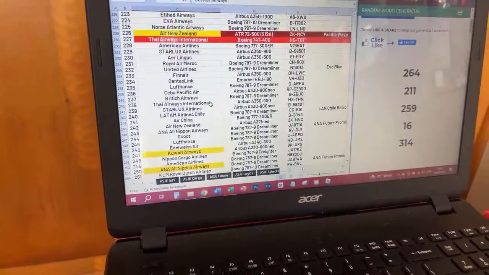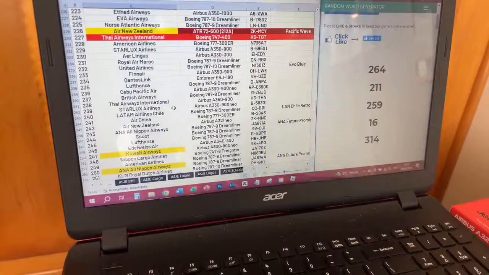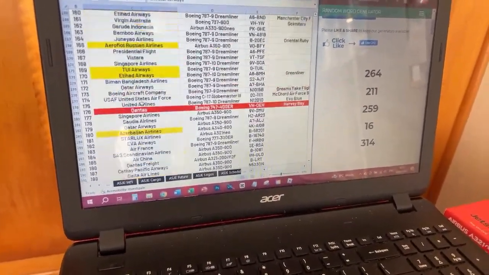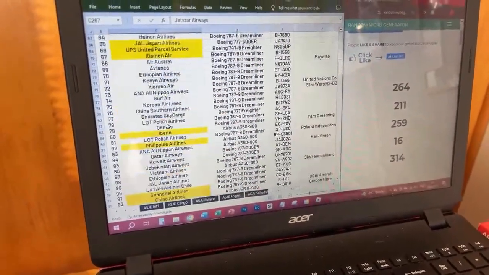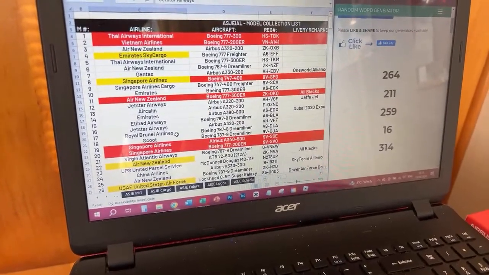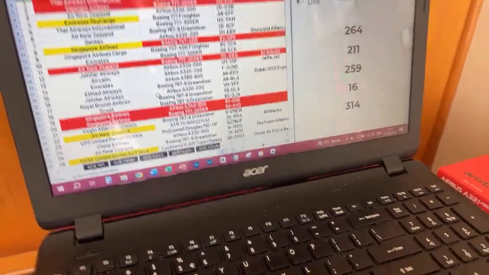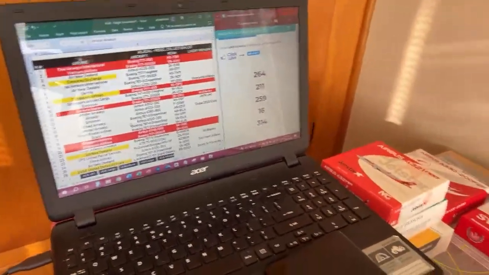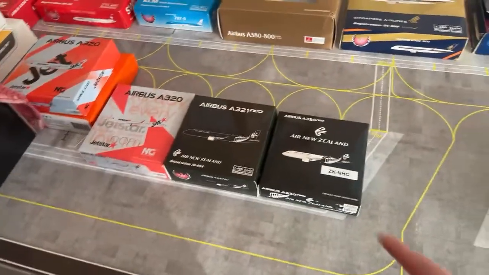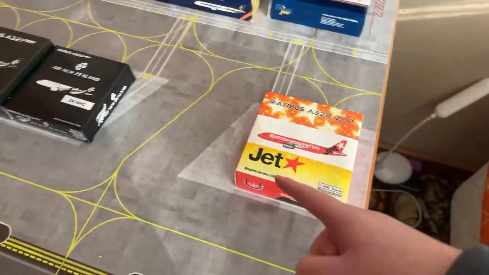211 is not a narrow body. 259 is also not a narrow body. 16 and 314. 16. Victor Foxtrot, which is also another Jetstar. It will be Air New Zealand, Jetstar, and then Jetstar over here.